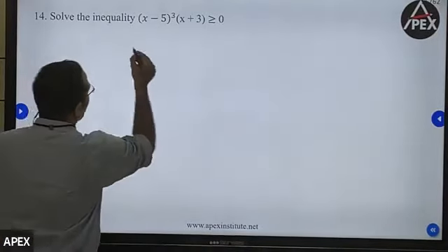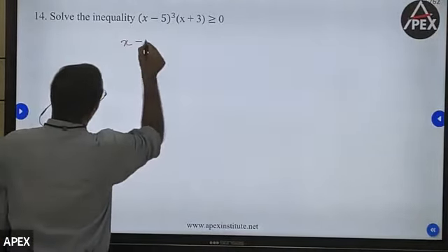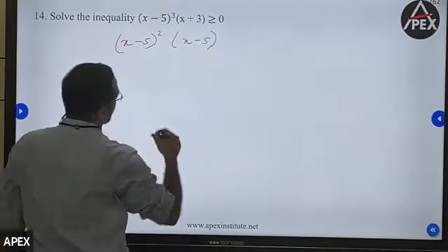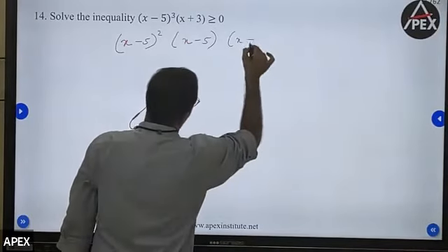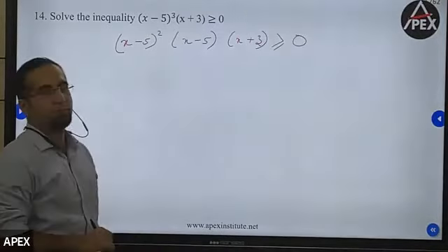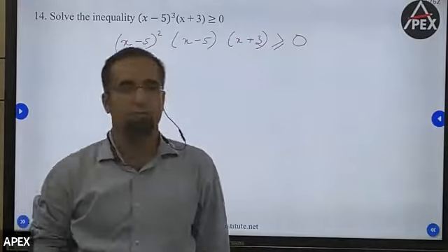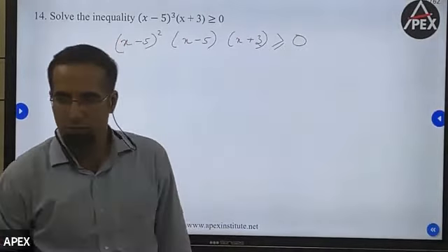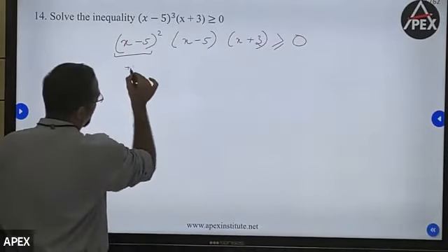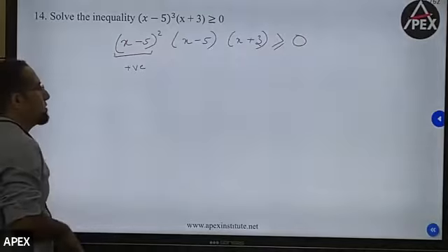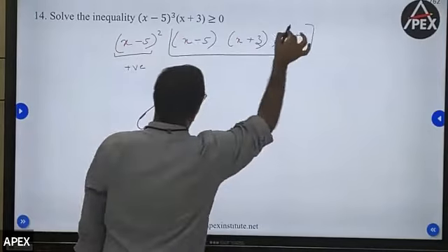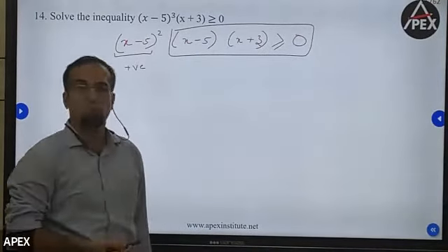You can simplify this as (x minus 5) whole square into (x minus 5) into (x plus 3) is greater than or equal to 0. Now, we know this is always going to be a positive value. If this is going to be a positive value, you can ignore it.